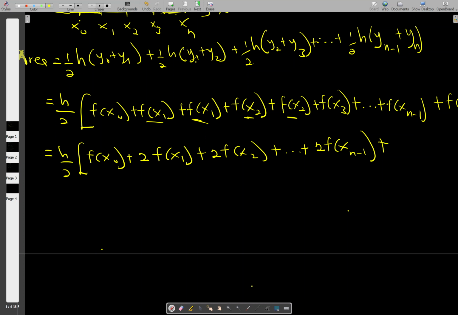Okay, so this is the formula for finding the area under a given curve using the trapezoidal rule.